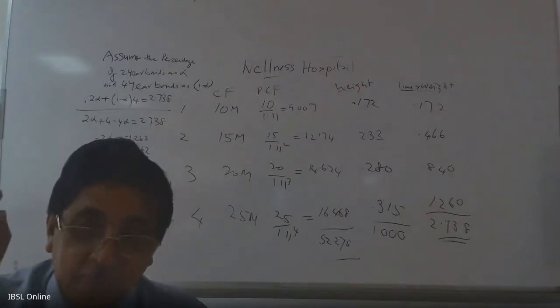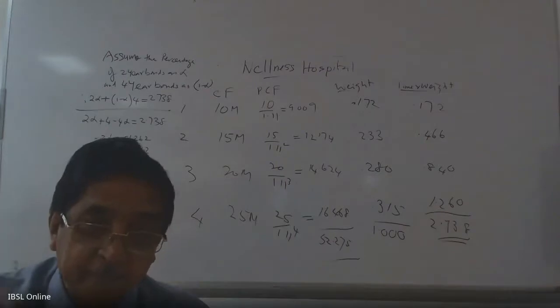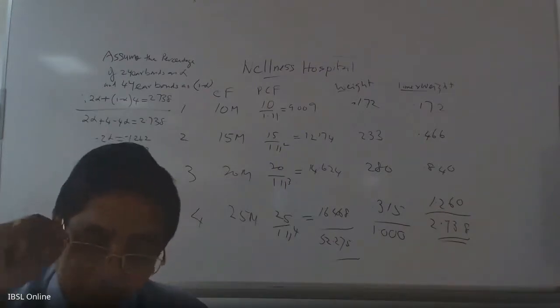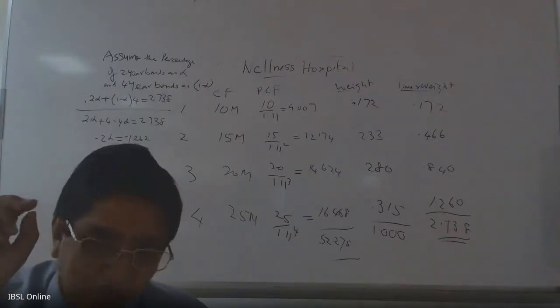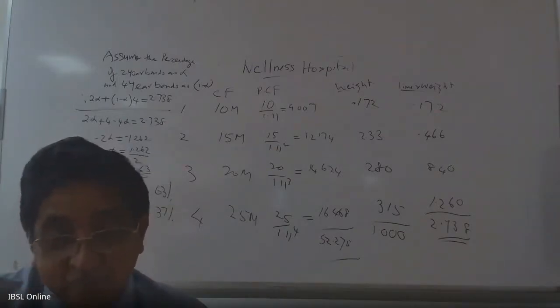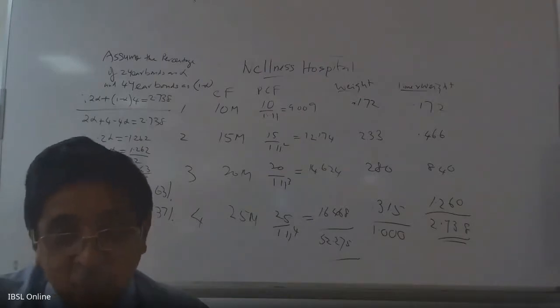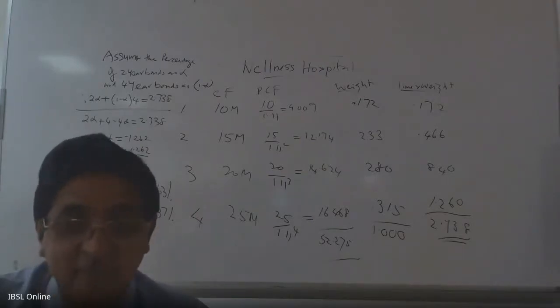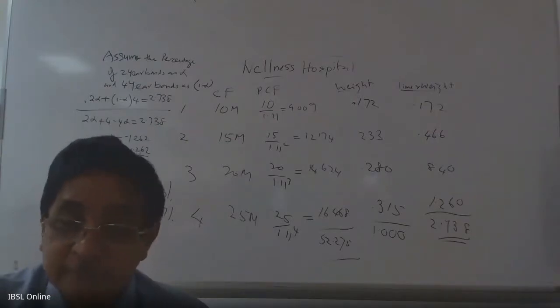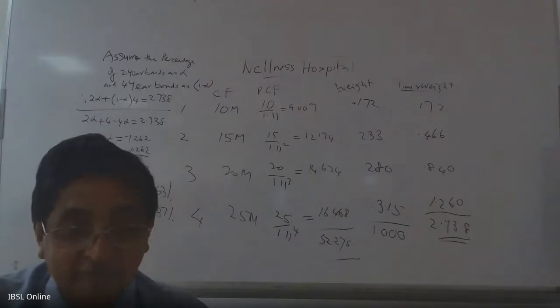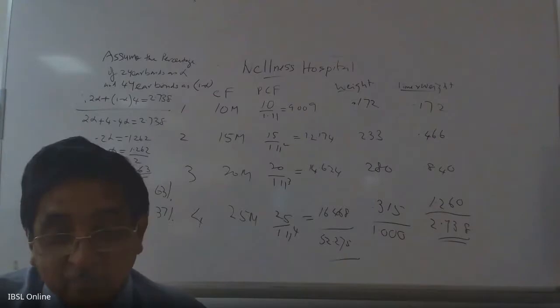I refer to the note here, and in the note I have given you a particular formula where delta P, the change in price, is equal to minus D into delta Y into P plus half into C into delta Y squared into P. Delta Y is the change in yield, C is the convexity. That will give the change in price.